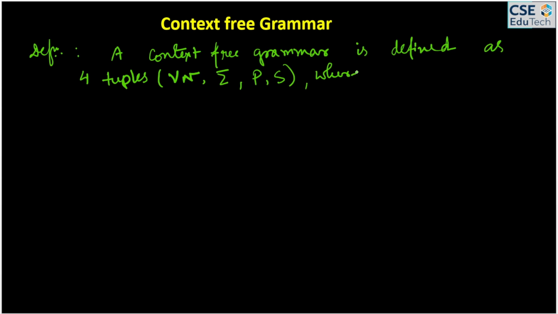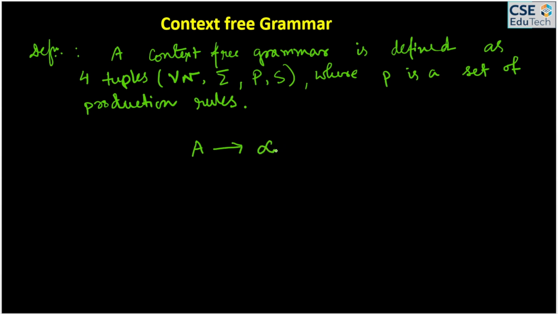Where P is a set of production rules. And the form of the production rule is A to alpha, where A belongs to Vn, meaning non-terminal, and alpha belongs to (Vn union sigma) star combination.